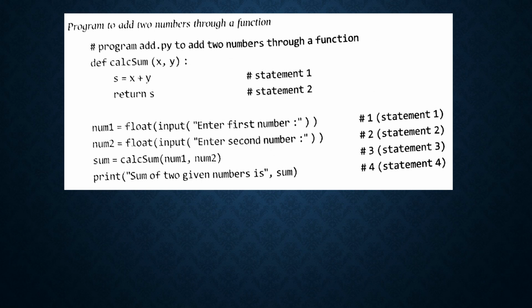First you define the function: def calculate_sum(x, y): with indentation, s = x + y, return s. Immediately after the function definition, num1 = float(input("Enter first number")), num2 = float(input("Enter second number")). Next is sum = calculate_sum(num1, num2).